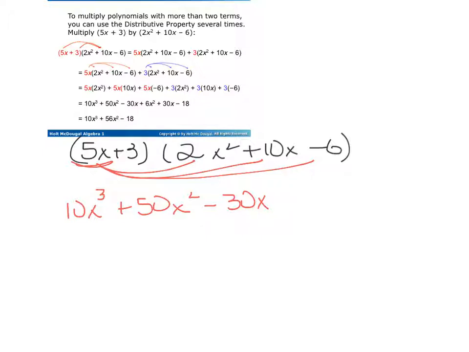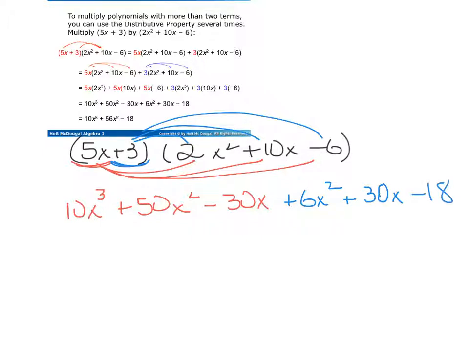Now I'm going to shift to the positive 3 and distribute that to each one. So 3 times 2x² gives me 6x². Then 3 times 10x gives me 30x. And then 3 times negative 6 gives me negative 18.